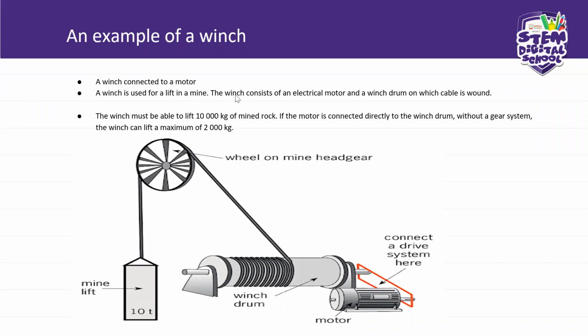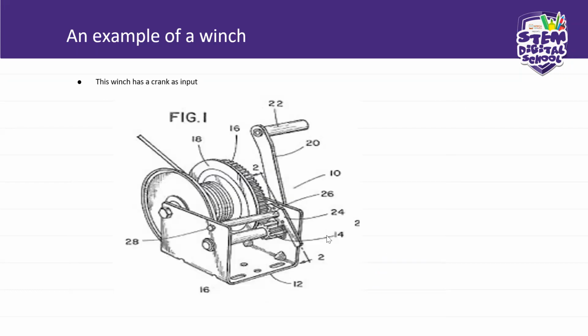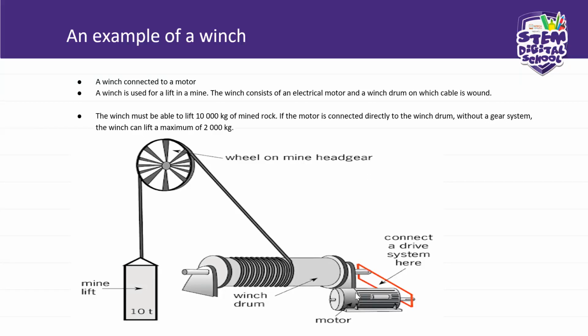The winch consists of an electrical motor and a winch drum on which a cable is wound. There's the winch drum, there's the motor. So this one uses electricity. It is not like this one, which is operated manually. It uses electricity. So that's why we have a motor there, an electric motor.